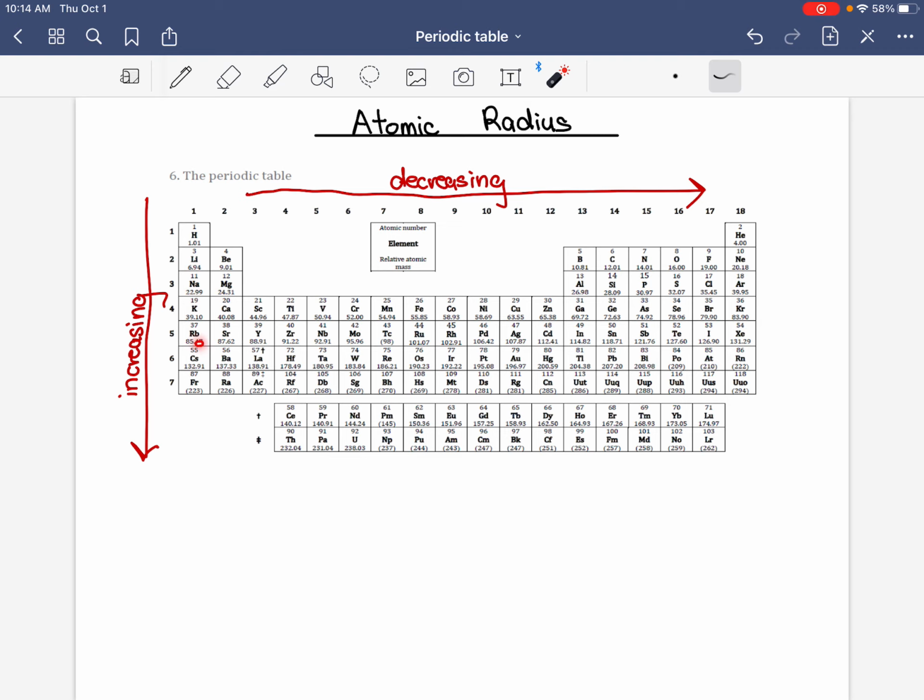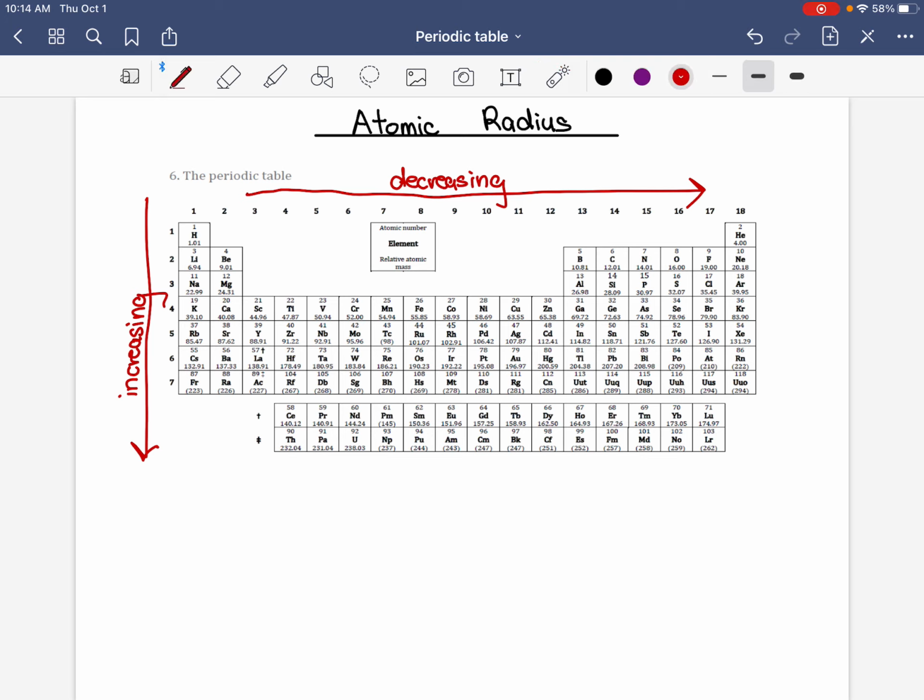But why this is decreasing across the periodic table is what's interesting, and there are actually three contributions to why the atomic radius has a certain trend like this. So let's go over these three factors that result in the trends of atomic radius being decreasing across the periodic table and increasing going down the group.